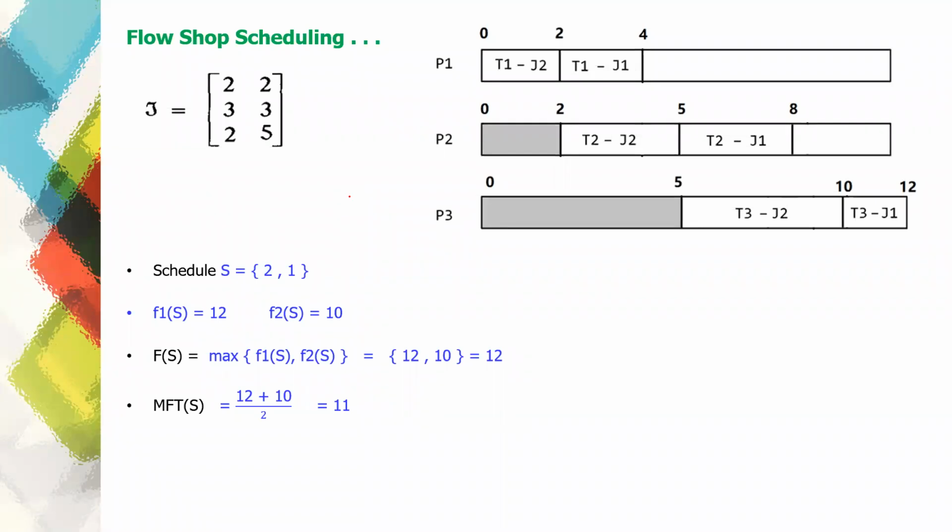If there are more processors and more jobs, generating all the possible schedules and calculating all the costs will take more time. So we are going to apply the dynamic programming approach and generate only feasible schedules. We'll explore only feasible schedules, among which we'll select one schedule as the optimal schedule.